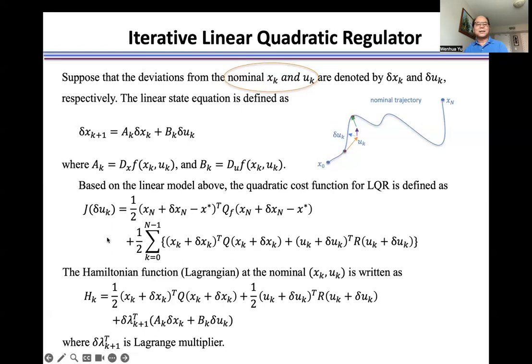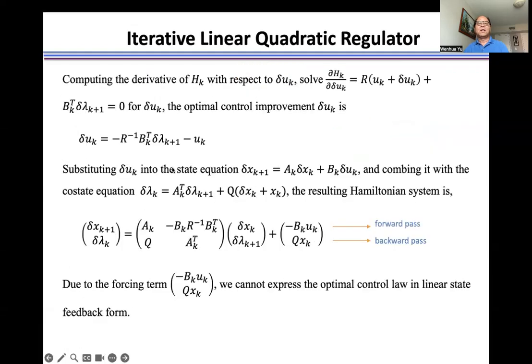To calculate this improvement or modification on the control, delta u, we need to calculate the derivative of H with respect to this modification. We get this first order equation, and solving it, we get the modification on the control. Then we substitute this modification into the state equation.